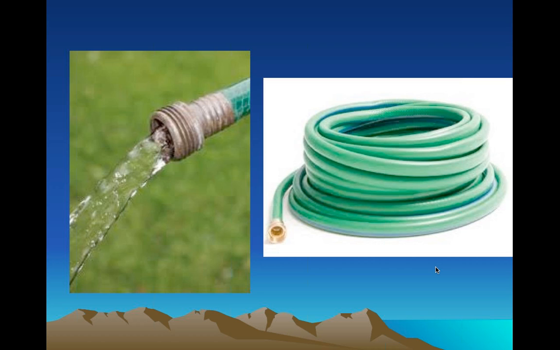Also, the machine has a feedback mechanism, so it measures the resistance in your body to keep the current at the right level. Now, the analogy is a garden hose. When we're delivering microcurrent to your eye, we want to make sure that the current is at a very low level, much like when you're watering little seedlings. You don't want too much water flowing out rapidly, or you're going to destroy the plants. Likewise, the retina is very sensitive, and we want to make sure that the current or flow is very low.